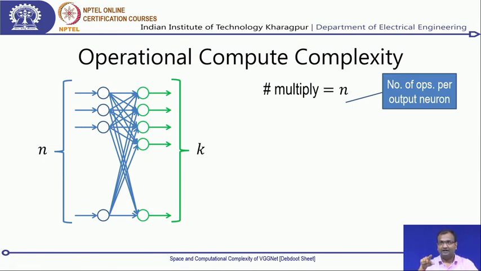So, n minus 1 additions for the dot product and another addition for the bias makes it n additions. So, there are 2n operations per neuron. Now, I have k such neurons, each with 2n operations, so in total the number of operations goes down as 2nk.